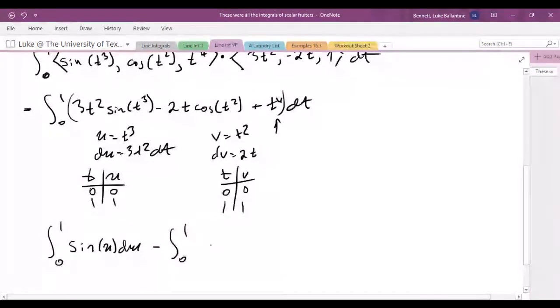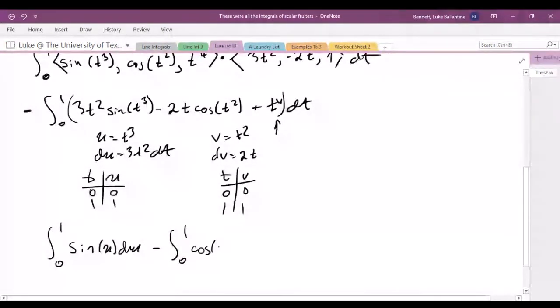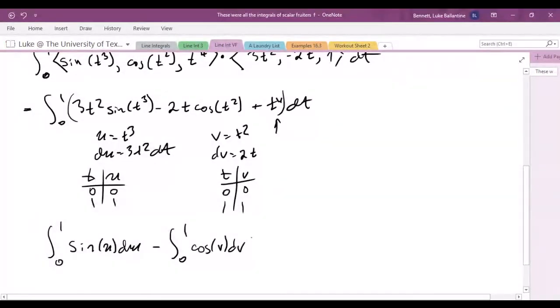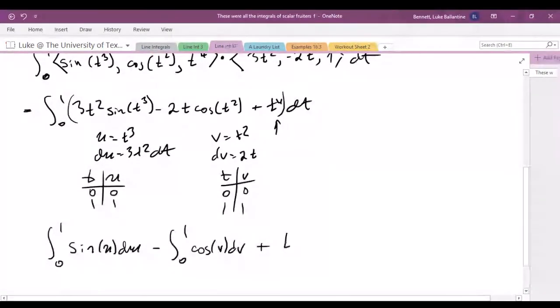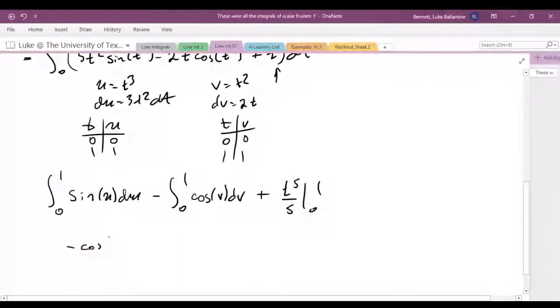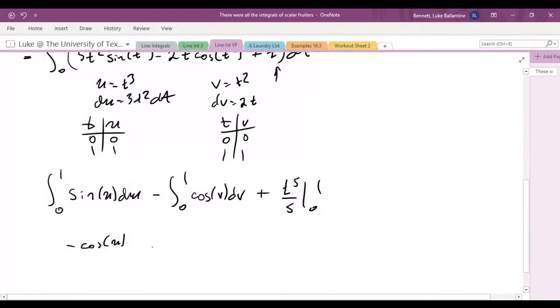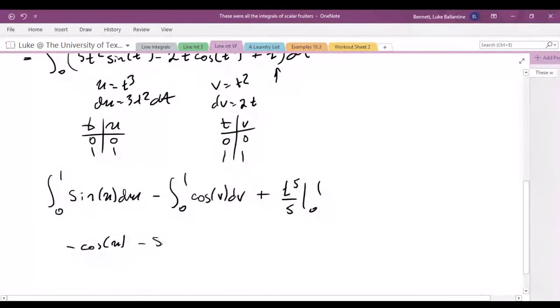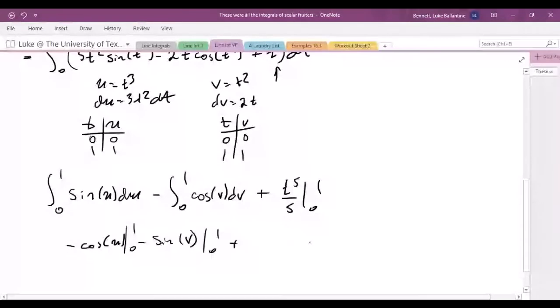minus the integral from 0 to 1 cosine v dv plus t to the fifth over 5 evaluated from 0 to 1. So the integral of sine is negative cosine. The integral of cosine is positive sine. Fundamental theorem of calculus down there.